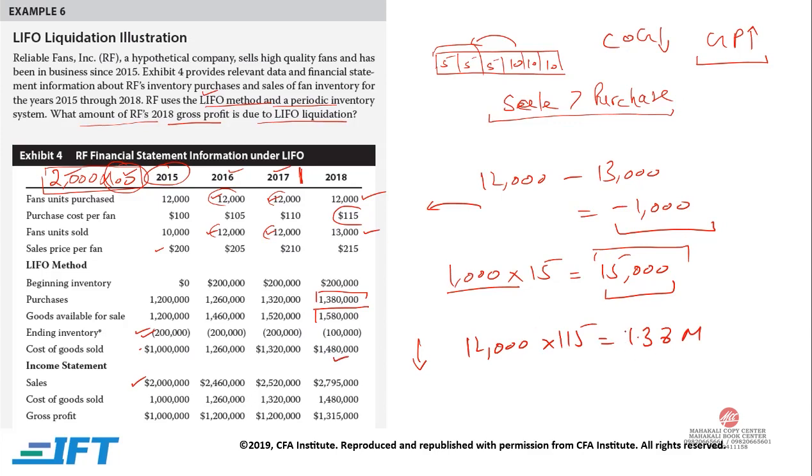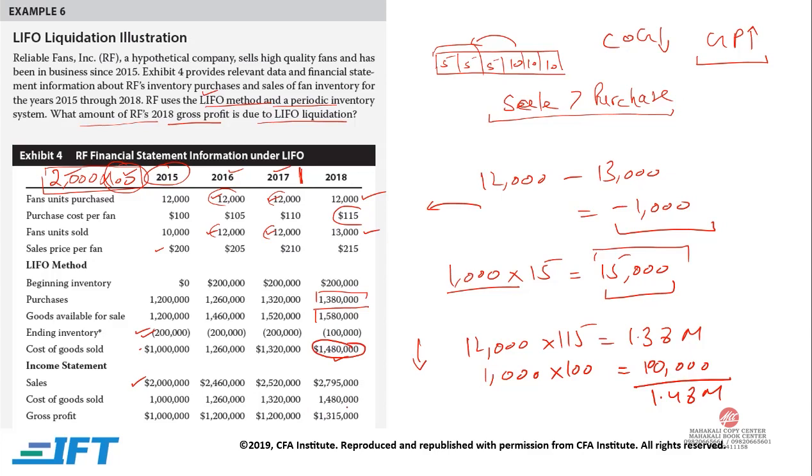Not only have we sold 1.38 million, but we also sold 1,000 pants for $100 each. So 1,000 multiplied by 100 equals 100,000. So 1.38 million plus 100,000 is 1.48 million. So this is our cost of goods sold.